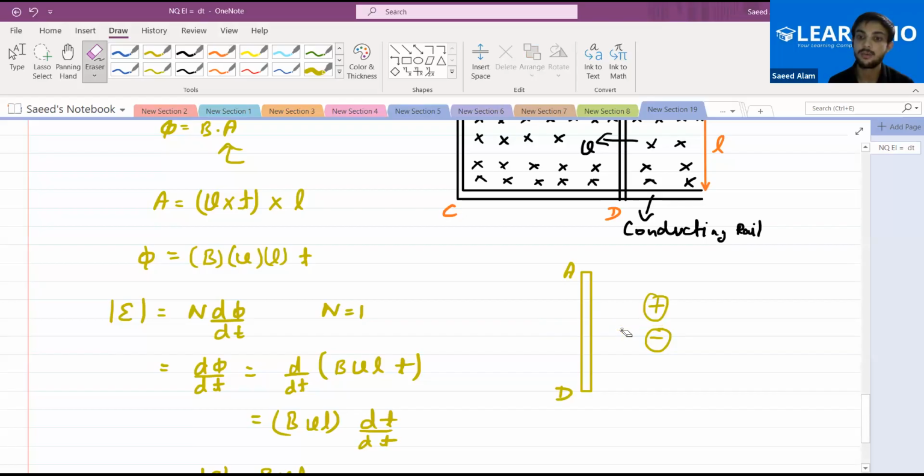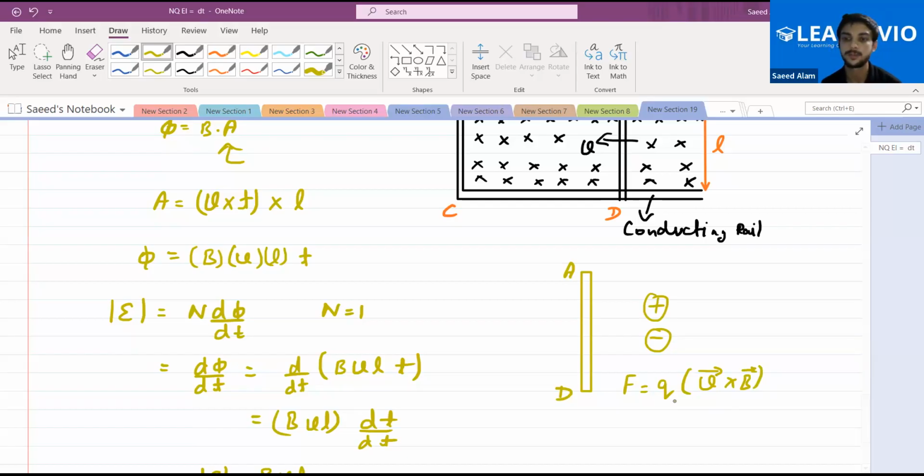And what happens if a charge moves in a magnetic field? Is there any expression of the force? Sir, force will be Q into V cross B. Yes, is this the expression of the force or not?